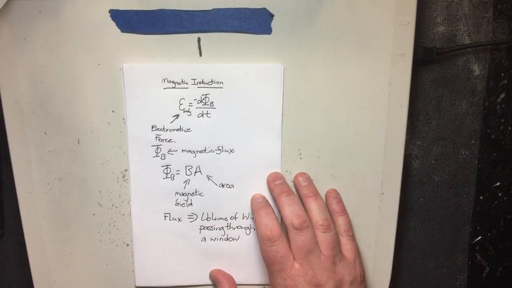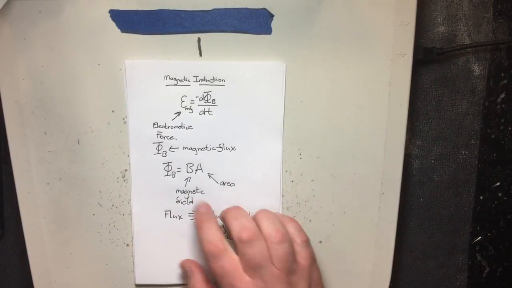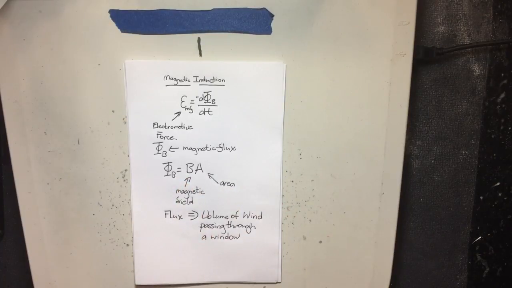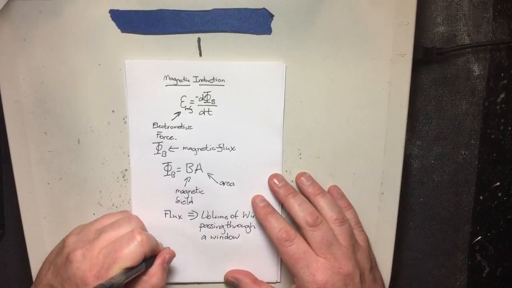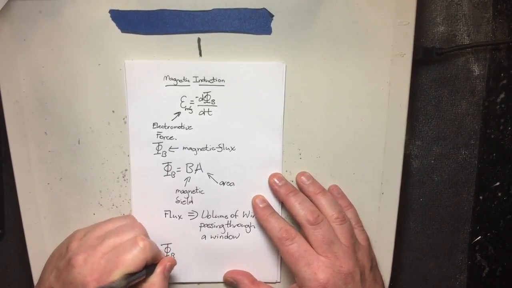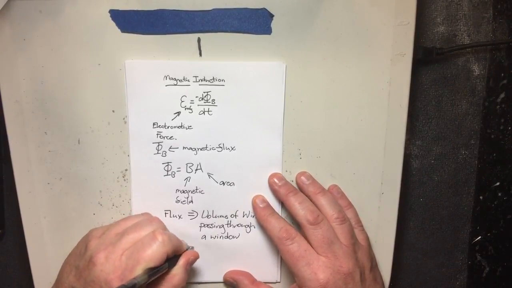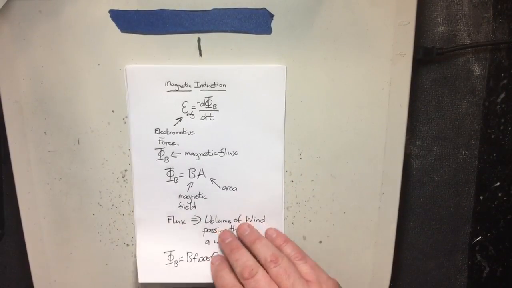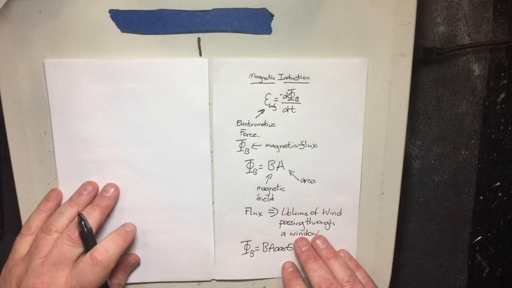Truth be told, in the physics 213 way of doing things, this is all we really need. But truth be told, magnetic flux is in reality B A cosine theta.